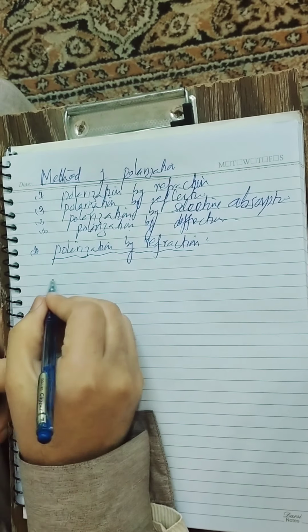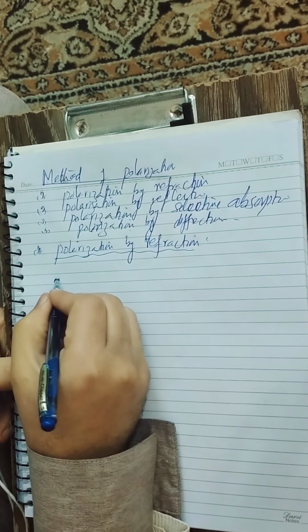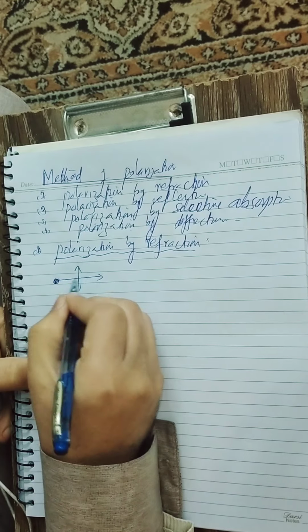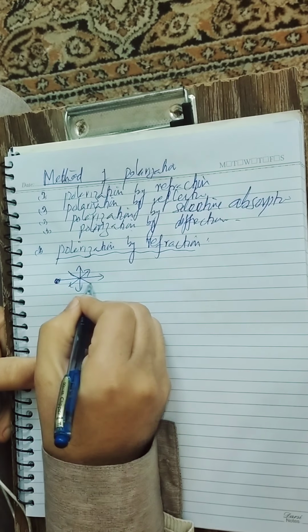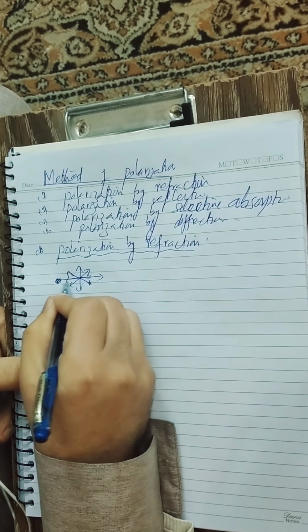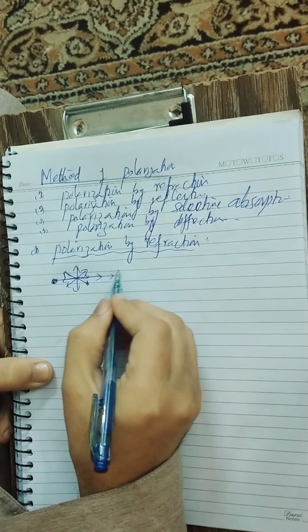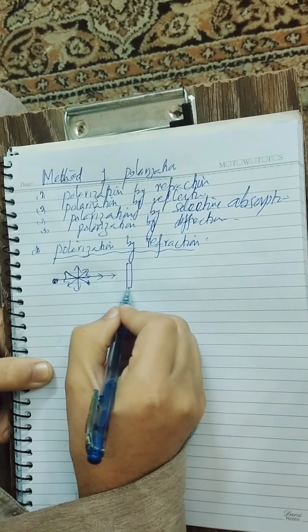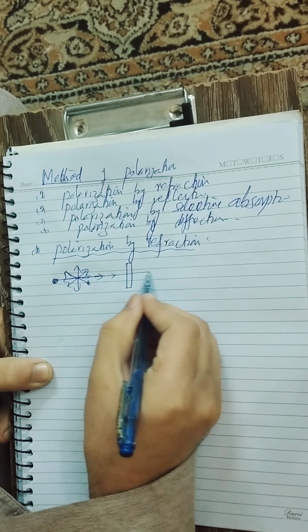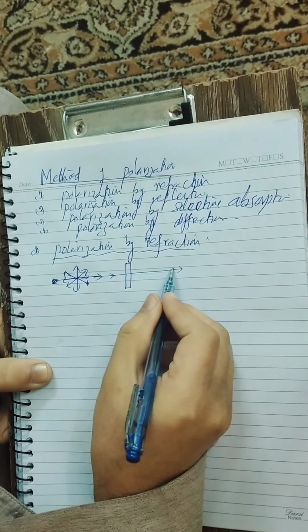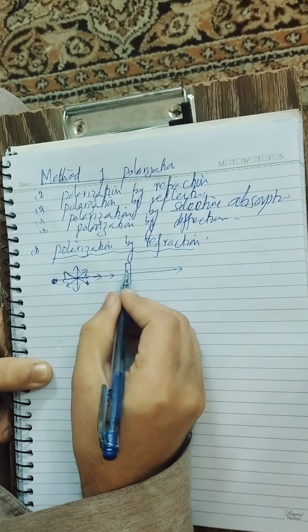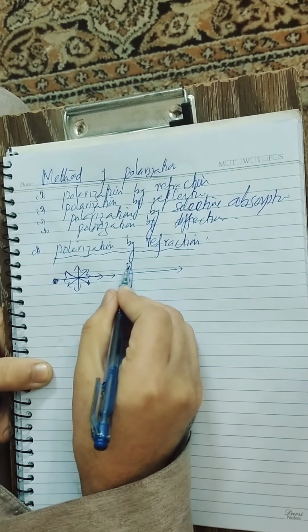Okay, suppose we have a light which has vertical vibration, horizontal vibration, every type of vibration, so this is non-polarized light. If we place a vertical slit and pass this non-polarized light through it, look here, the vertical vibration can be passed.